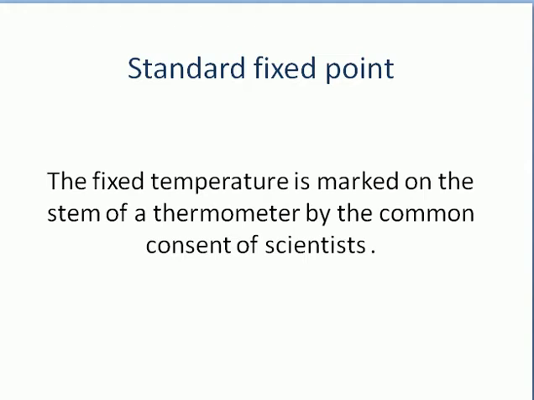Those are the two fixed points. This method of using two fixed points to calibrate a thermometer assumes that temperature changes linearly with the thermometric property.